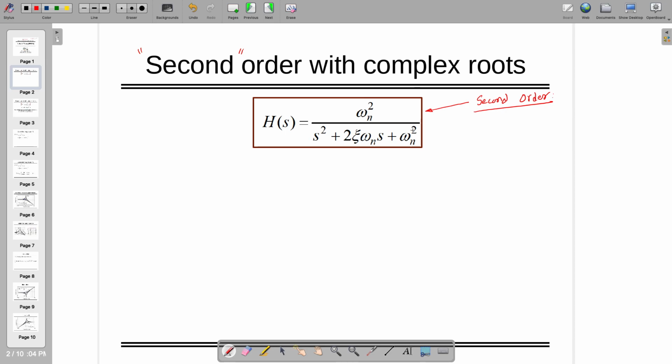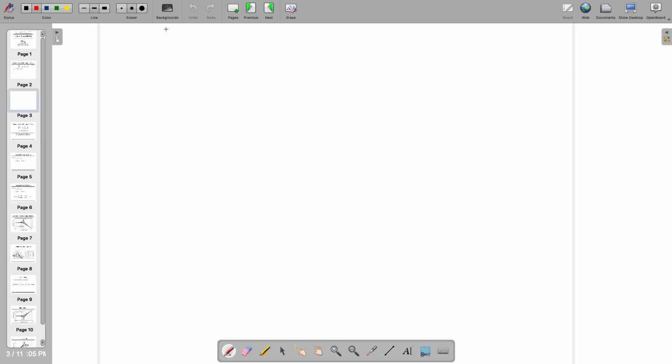So if the system is second order, and looks like this one, it will have some terms like omega n, which you are going to call the natural frequency. Zeta is the damping ratio. Other things are known to you. The other one is the Laplace operator. Now I'm asking you a few things, as you are already experts on Bode plot.